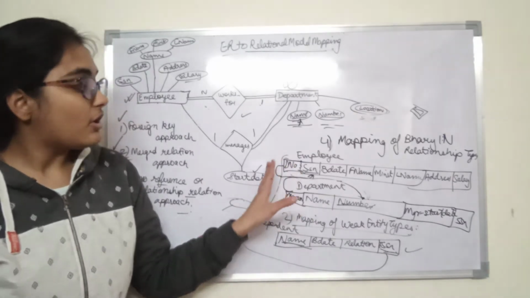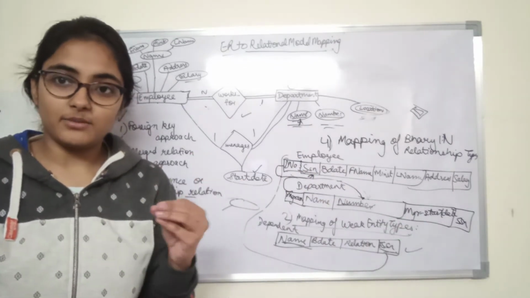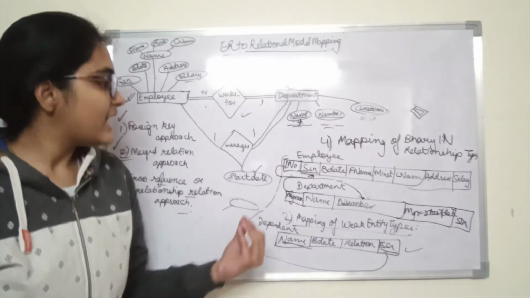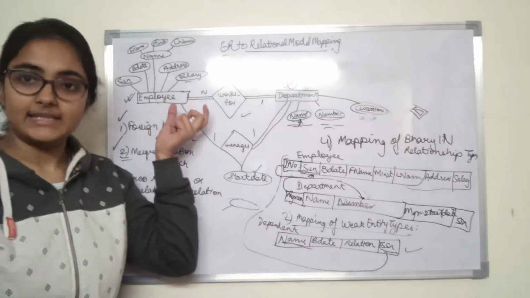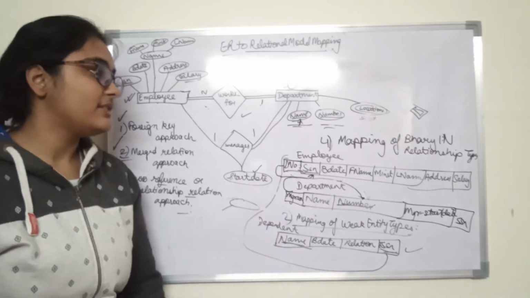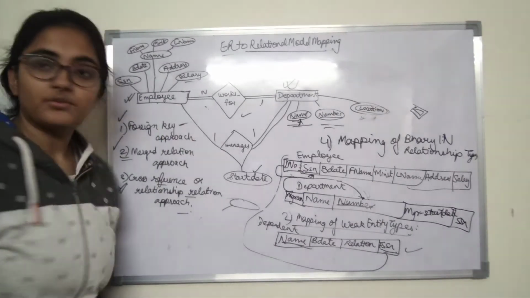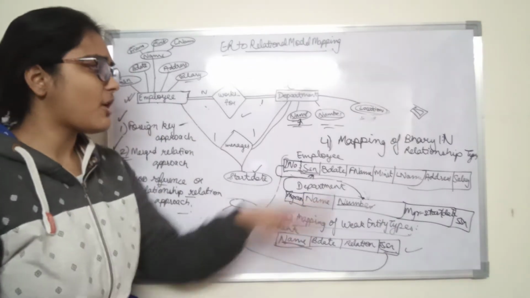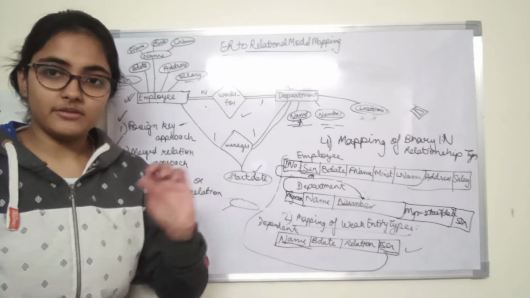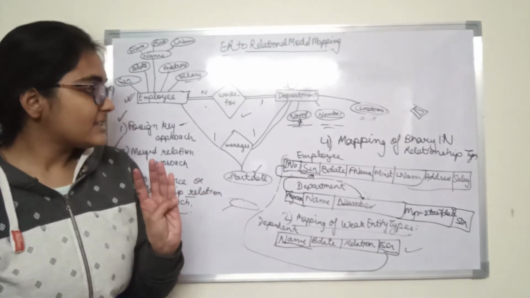So to avoid dealing with multi-valued attributes, we have included the foreign key on the n side. That is how mapping of a binary 1:n relationship type is done, again using the foreign key approach. The most common approach for a 1:n or 1:1 relationship type is the foreign key approach.